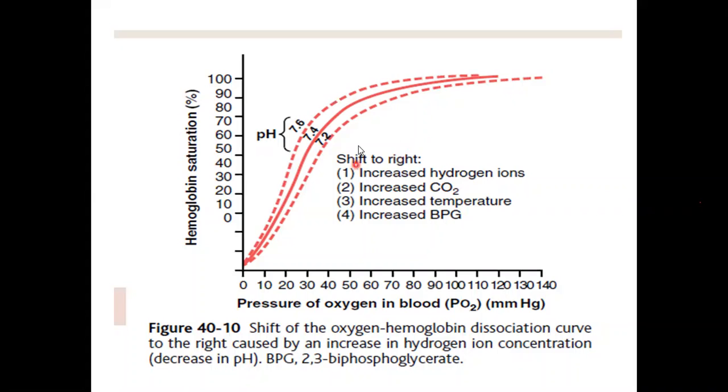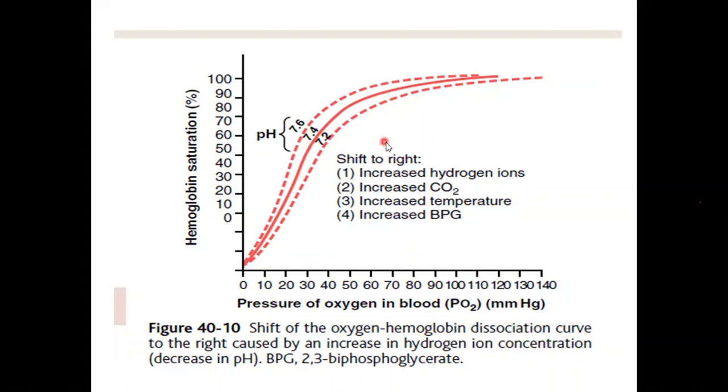And the oxygen dissociation curve gives an indication how the impact of carbon dioxide, oxygen, temperature, and the hydrogen ions will be on the oxygen hemoglobin dissociation.